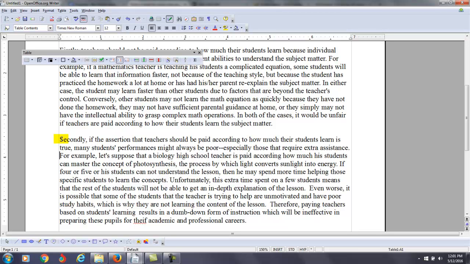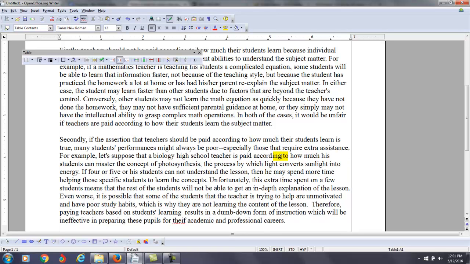For example, let's suppose that a biology high school teacher is paid according to how much his students can master the concept of photosynthesis, the process by which light converts sunlight into energy. If 4 or 5 of his students cannot understand the lesson, then he may spend more time helping those specific students to learn the concepts.